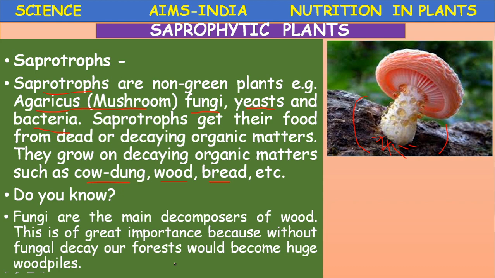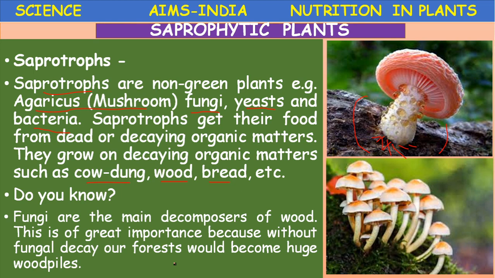The leaves and parts of plants which fell down are decomposed, and very rich organic matter, called humus, is formed by the action of bacteria and fungi present in the soil.